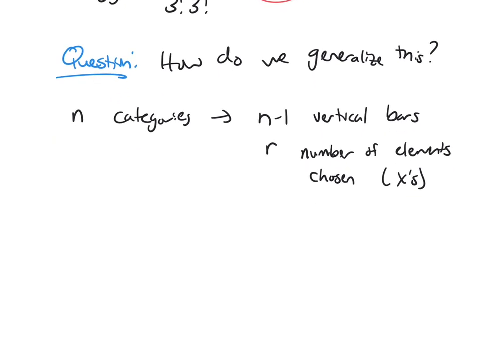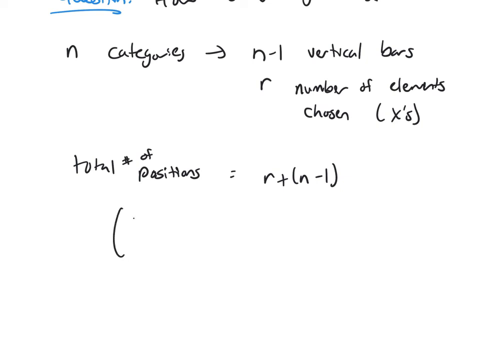So how many total positions do I have? It's the sum of these two, so it's R plus n minus 1. That's how many positions you have in total, and you need to choose the positions for the X's. There were R X's, so there's R. So this is the count in general.